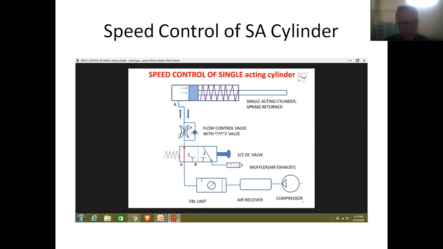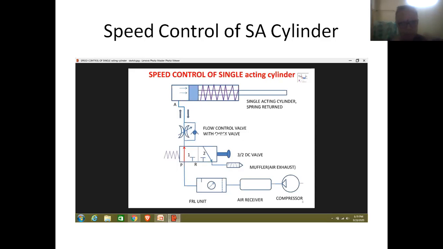And finally the fluid that is stored in this reservoir is ultimately used for operating the piston that is arranged inside the cylinder. And friends, here we can see the arrangement of the FRL unit.